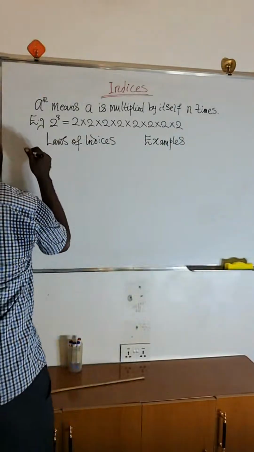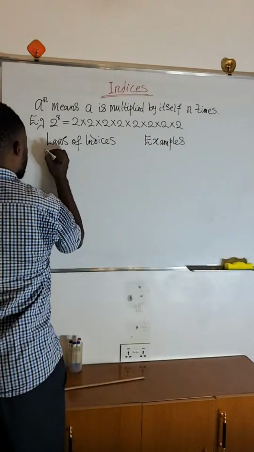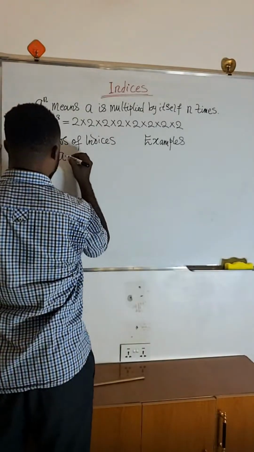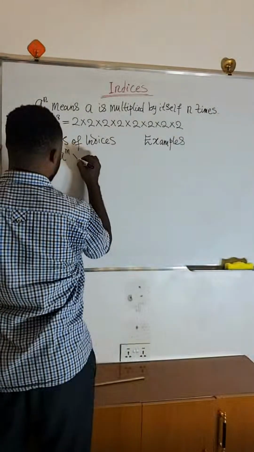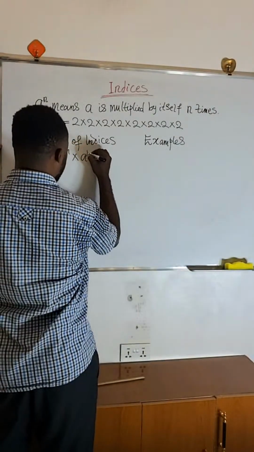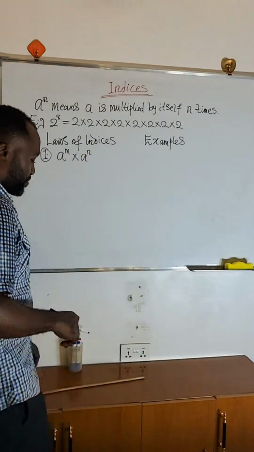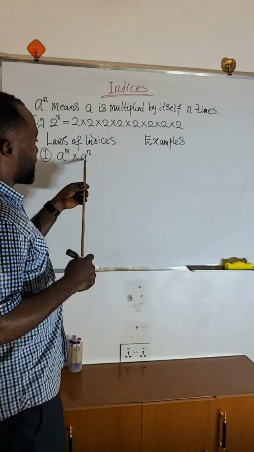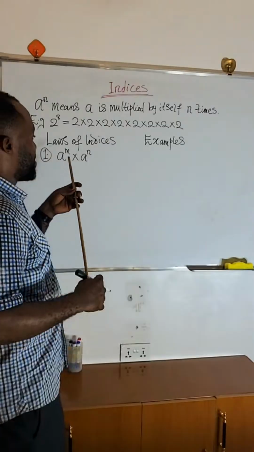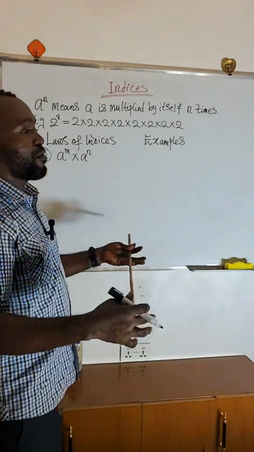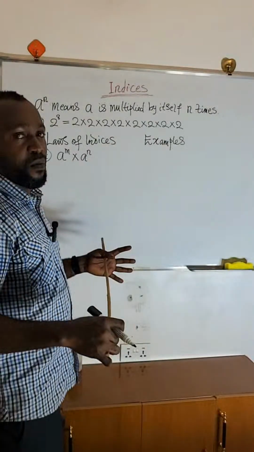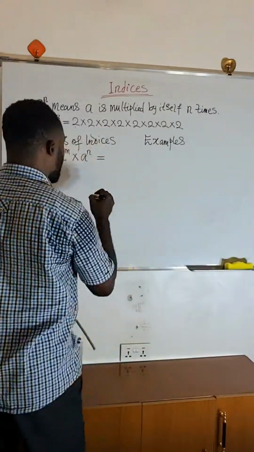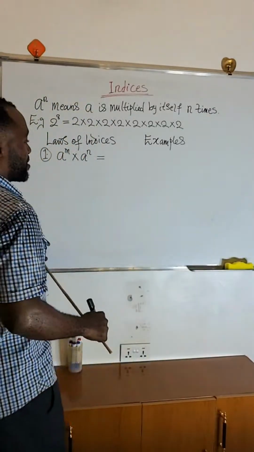Examples. Then number 1, if you have a raised to the power of m times a raised to the power of n, this is product law, multiplication law. If you have two numbers of the same base, then you will add their powers.